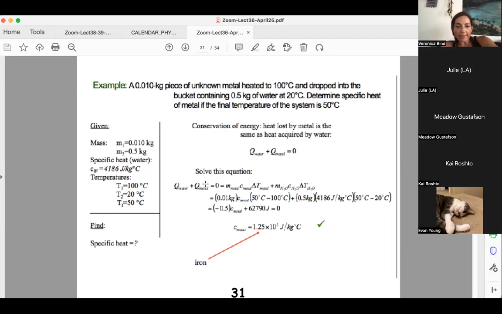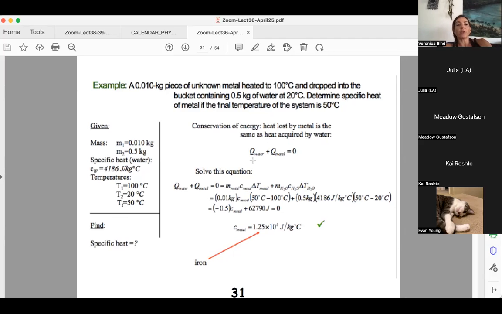So if we write the equation, what we need to consider is that the system is isolated. So the heat lost by the metal is the same as the heat acquired by the water. So the metal will lose heat, which means Q is going to be negative, right? Because it's losing it.